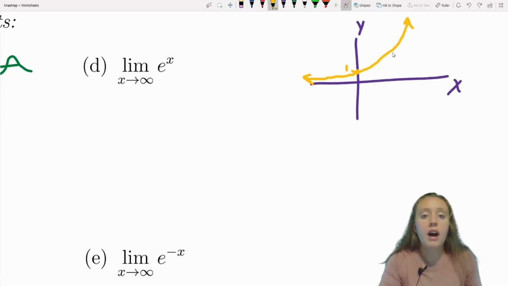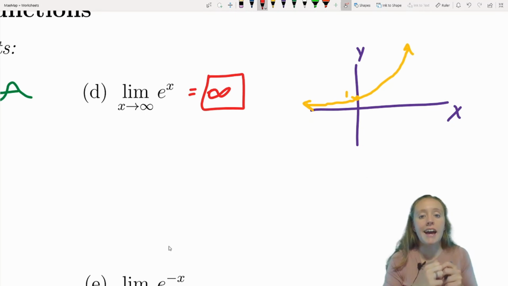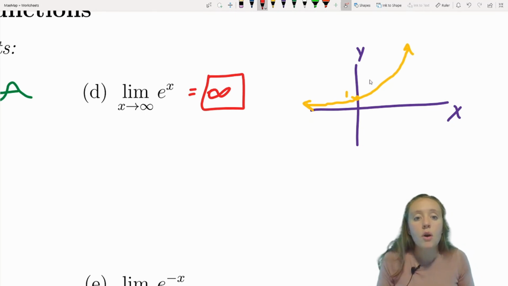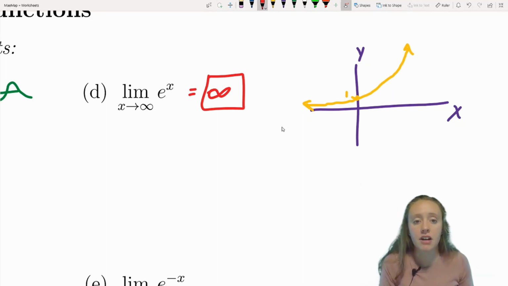So if this is y equals e to the x, as x approaches infinity, you can see that e to the x also approaches infinity. And the domain of e to the x is all real numbers. So if I were to take x and approach negative infinity, well, the limit of e to the x as x approaches negative infinity would be 0.